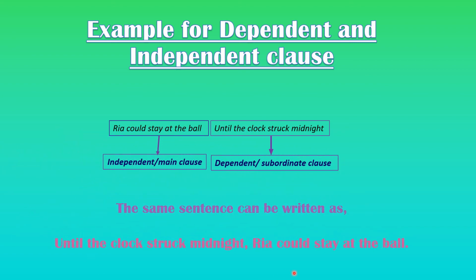The same sentence can be written as: until the clock struck midnight, Ria could stay at the ball. Ball is not like a real ball, it's a place. The parts can be swapped; it can be changed.